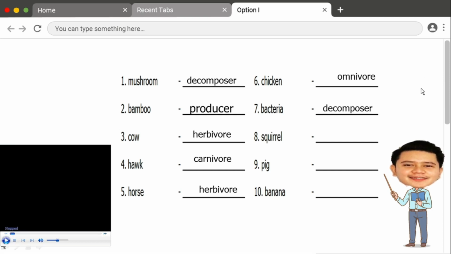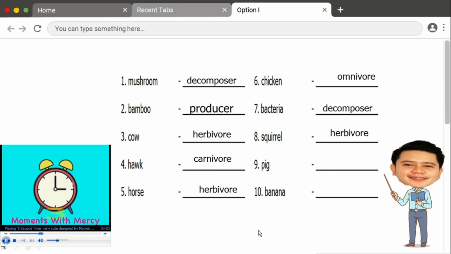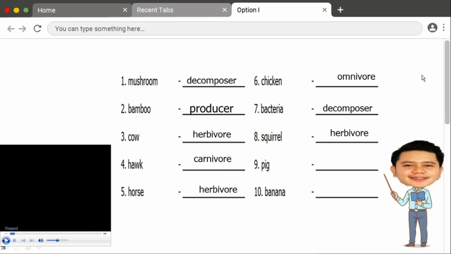Okay, the correct answer is a squirrel is a herbivore. It can only eat plants. Next, a pig. 5 seconds. A pig is an example of an omnivore. Of course, it can eat plants and other animals.